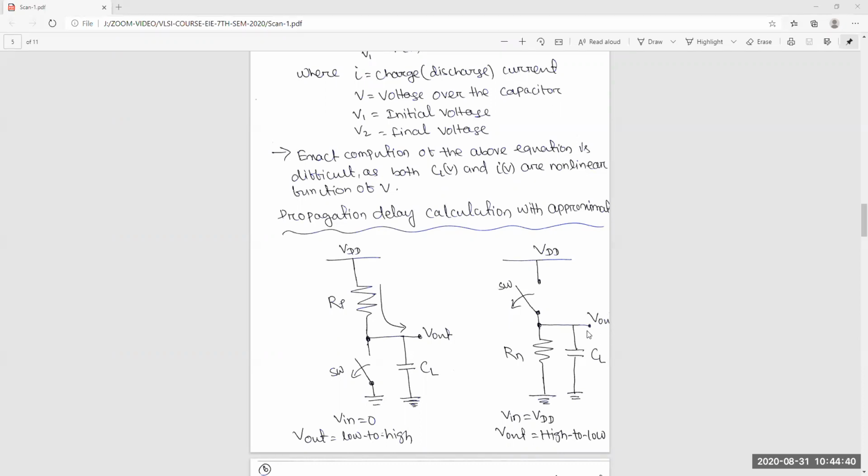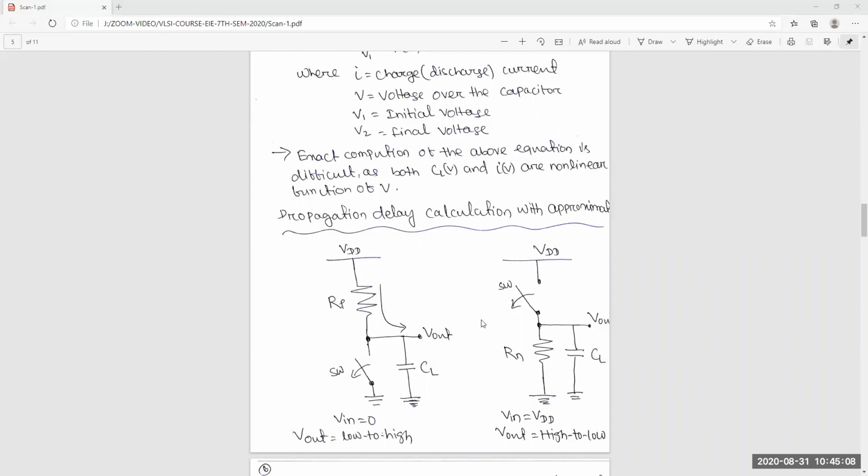If you calculate that, you get the rise propagation delay or fall propagation delay, high to low or low to high. This is a very simplified equation from the RC transient. If you know the RC transient circuit, then you can easily calculate that TP.